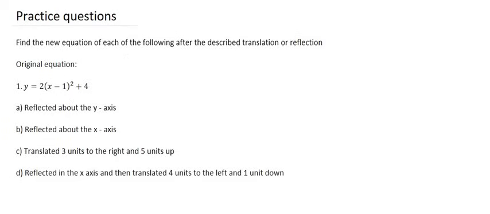In this question, they've given us an equation, which is y is equal to 2x minus 1 squared plus 4, and they want to know what the new equation will be if we reflect the graph in the y-axis. All that you need to remember when doing this is to realize what changes when you reflect a graph in the y-axis.